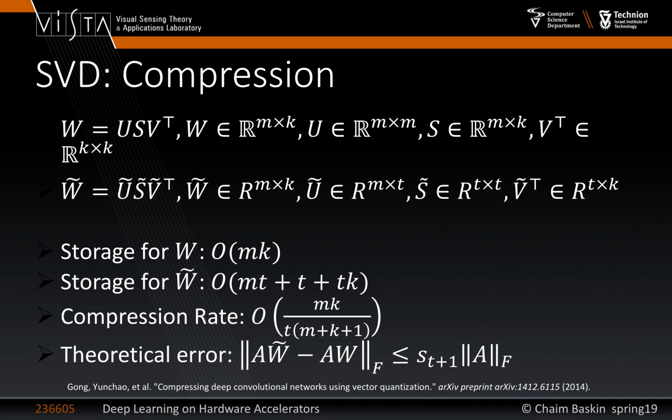So the compression rate of our network is mk divided by t(m plus k plus 1), and we have a theoretical error that is bounded by the norm of A multiplied by s_{t+1}.